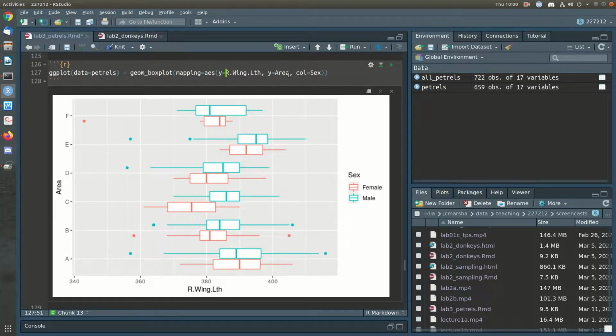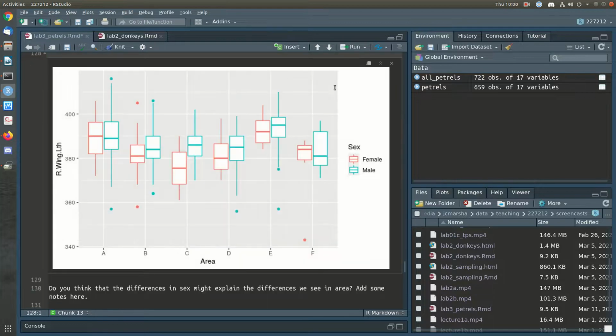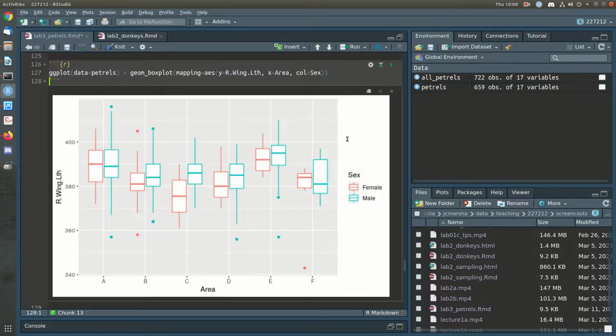So let's do that. I just swap Y and X around. There we go. Okay. So what I see here is that within the red ones, the E group is a little bit bigger. Not hugely so. The A group's not too far behind, but bigger compared to the other ones at least. And within the blue groups, again, area E is bigger.